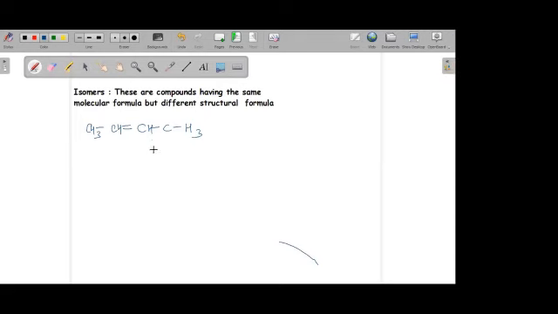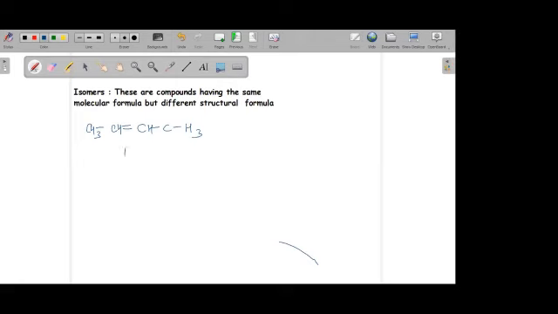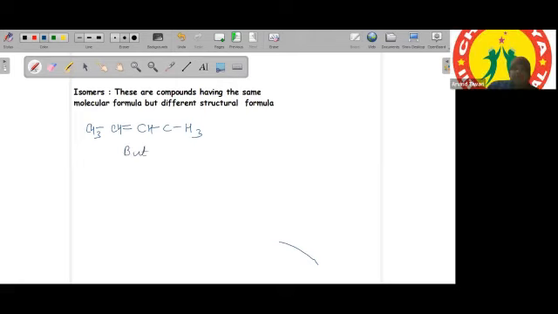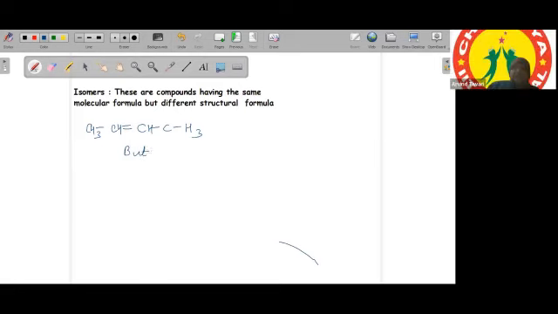Four. Which name did we learn for the number 4? But. So you will write the word but. And is there any double bond between them? Yes. So you write it as butene. No branching and no functional group, so it will be just butene.